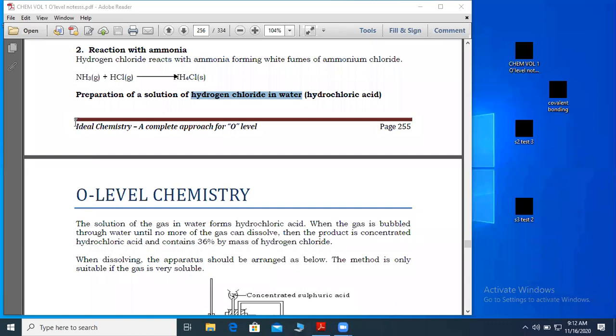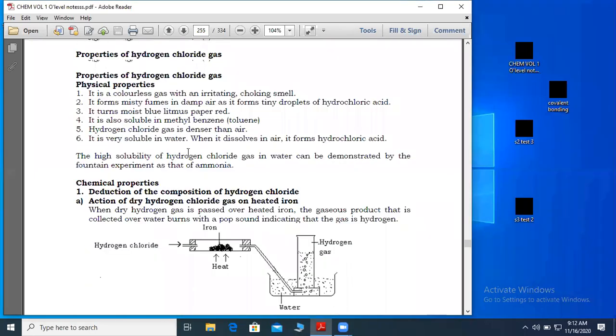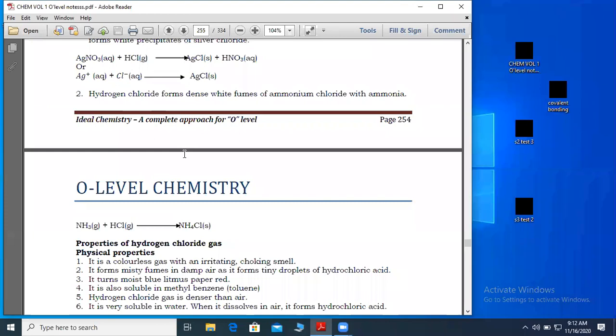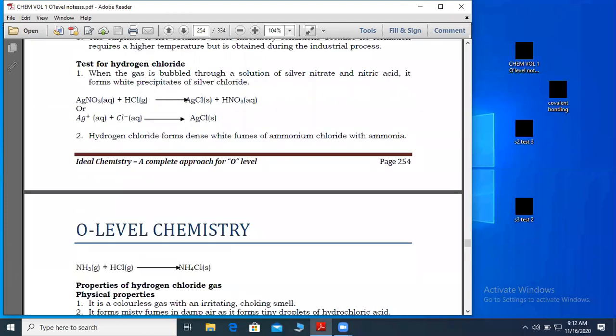Name one reagent that can be used to test for the presence of hydrogen chloride gas. The reagent is silver nitrate and nitric acid. Those who put silver nitrate only, I was crossing it. And the answer, please note this somewhere, the answer is silver nitrate solution.